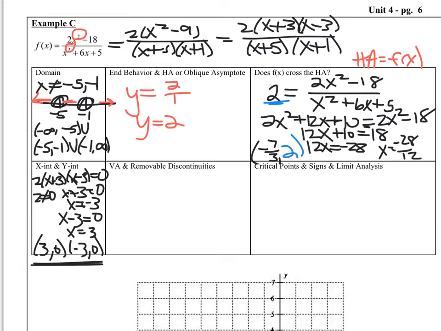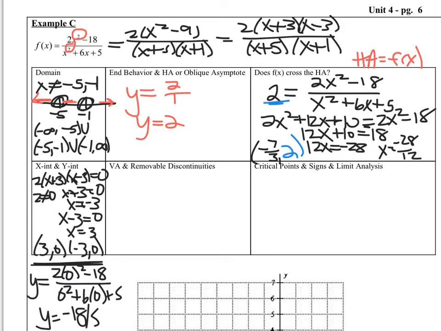Y-intercept means we substitute 0 in for x. So 2 times 0 squared minus 18 over 0 squared plus 6 times 0 plus 5. So I get negative 18 over 5. Write it as a point. 0, negative 18 over 5.